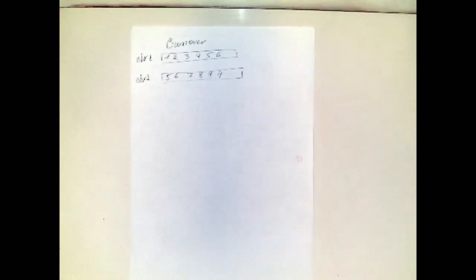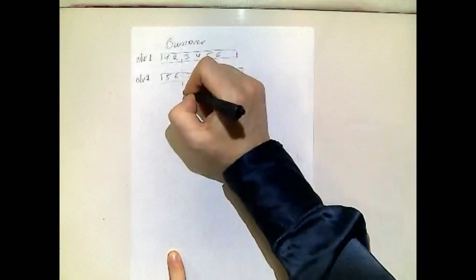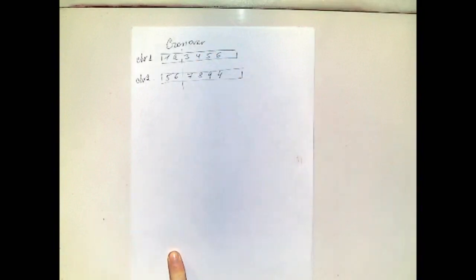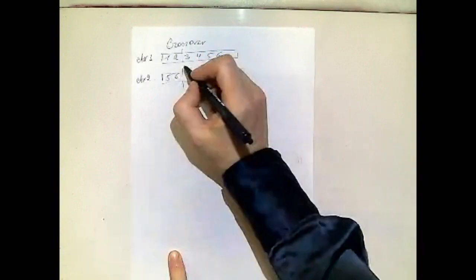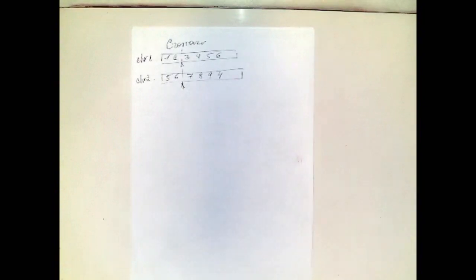If we are speaking about this, we will have one crossover point, which I can choose randomly. Sometimes in the lectures I may ask for it after a given gene, for example, crossover after the second gene.